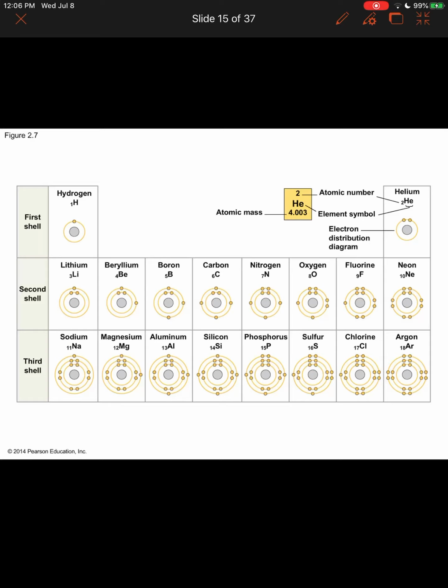Okay, now these electrons that we're referring to in the outer shell, the valence electrons, they're the ones that are involved in chemical reactions between atoms. And I said in the first part of this video lecture that atoms want to complete their outer shells because doing so makes them more stable, and that one of the ways that an atom can complete its outer shell is to bond to other atoms.